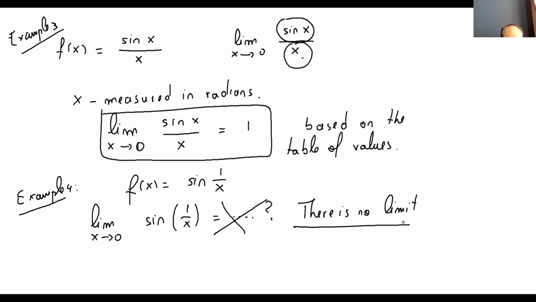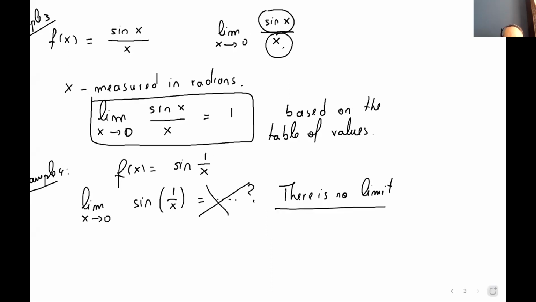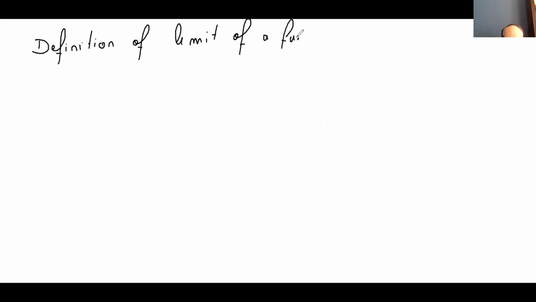First of all, the definition of limit of a function at a number, let's say x equals, I don't know, we did 0, we did 1, we did 2 and 3, things like that.